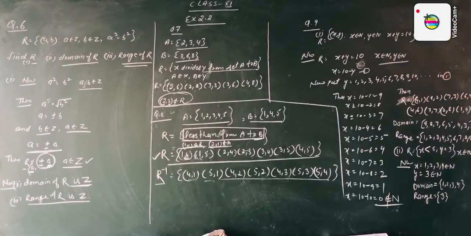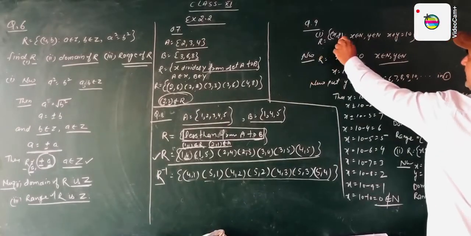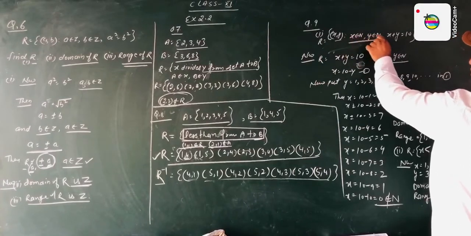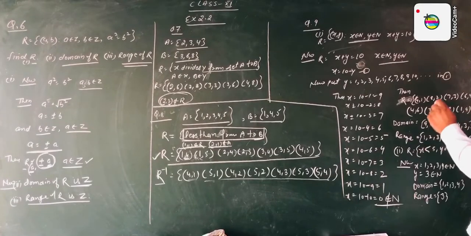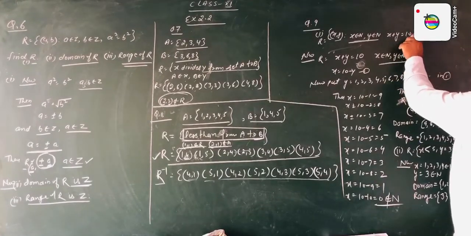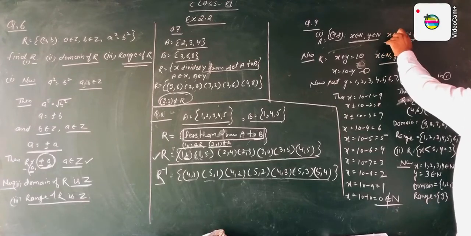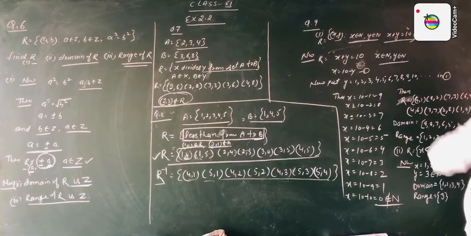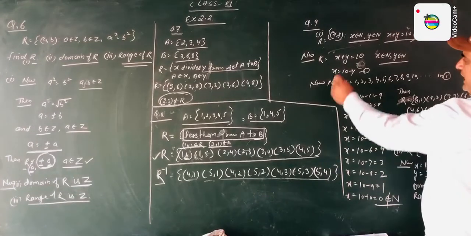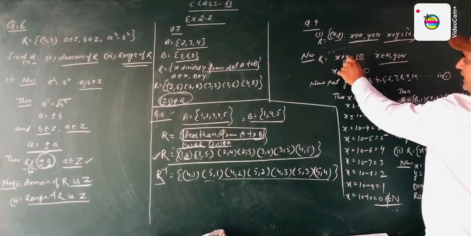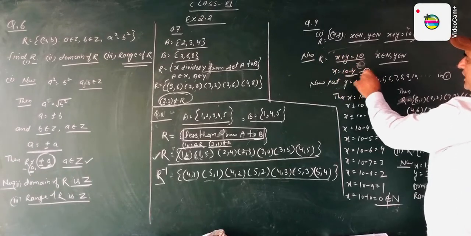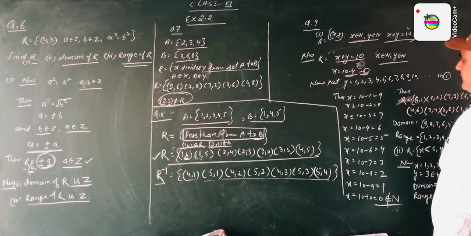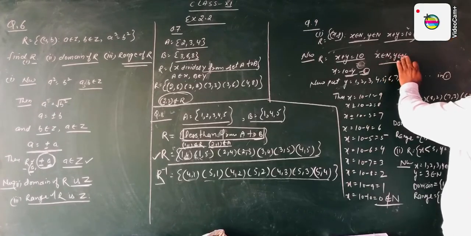Next question says that R is a relation where x and y both belong to natural numbers. It means x belongs to natural numbers, y belongs to natural numbers. And it is also said that x plus y, the sum of both natural numbers, is equal to 10. Now R is x plus y equal to 10. Then x is equal to 10 minus y. This is your relation equation. Here x and y belong to natural numbers.